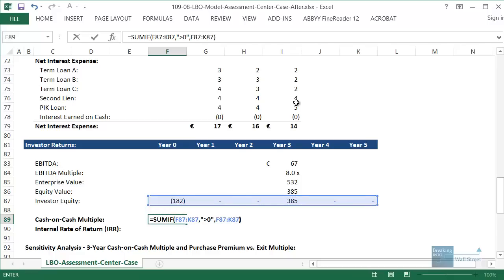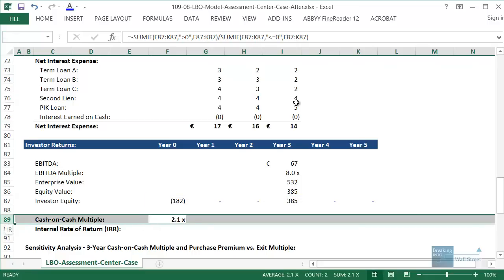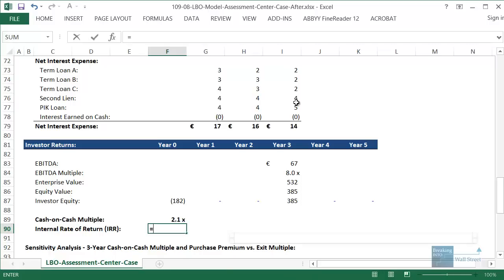And then we need to divide this by the summation of all the negative numbers. So we'll do the same thing, but set the criteria to be less than or equal to 0. And we need to add a negative sign in front. So we get a cash on cash multiple of 2.1x. IRR, we can use the built-in function to solve, and we get to an IRR of 28%.